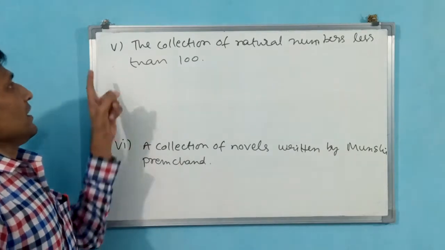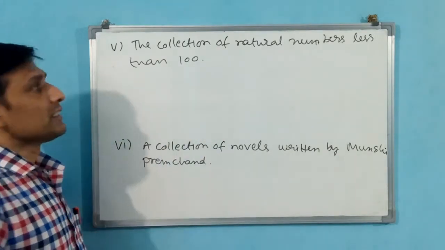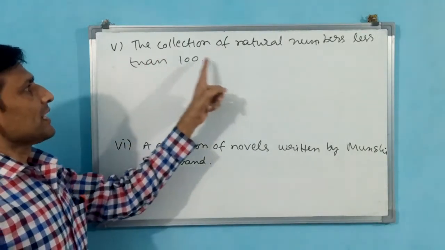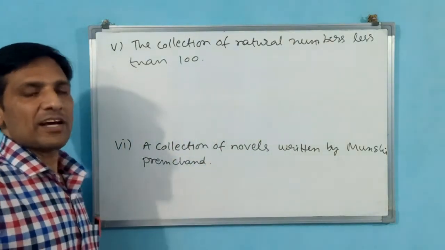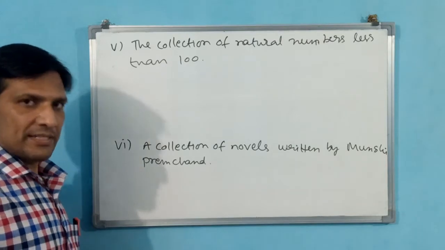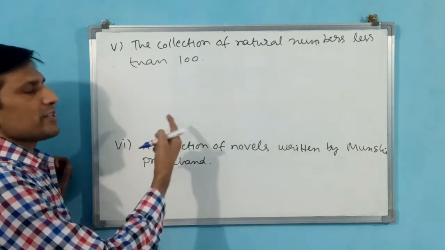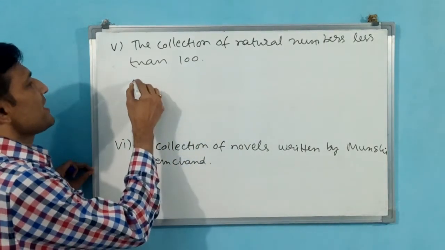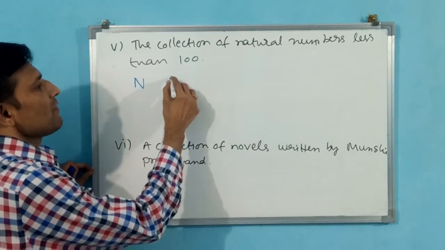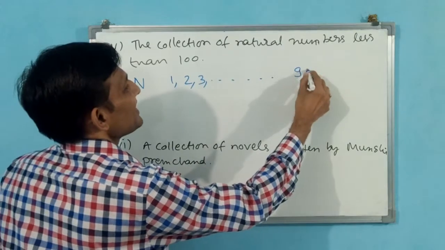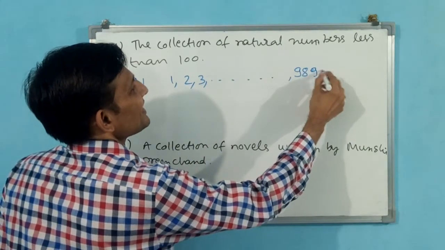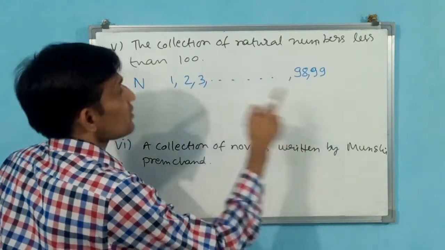Okay, see the fifth part of the first question. What they are asking: the collection of natural numbers less than 100, whether it is a set or not. What we have to answer, you see. Collection of natural numbers less than 100, how are we going to write? Natural numbers: 1, 2, 3, up to 98, 99. 100 won't come, since it must be less than 100.